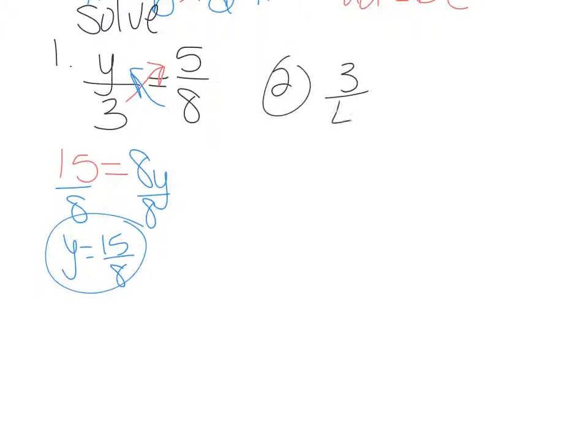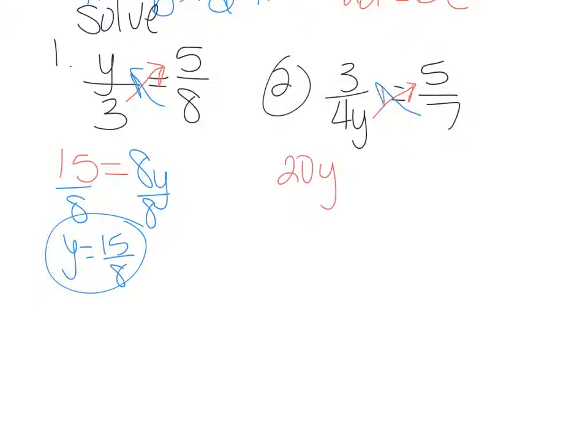3 over 4y equals 5 over 7. Same thing as before. I have a proportion. My two ratios are set equal to each other, so we can use cross products to write an equation. So if I take 4y times 5, I get 20y.